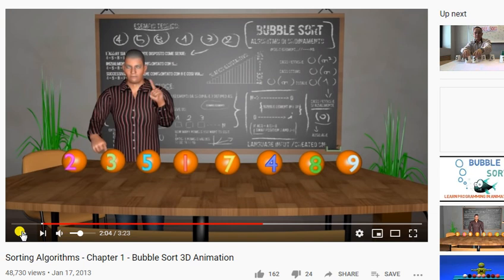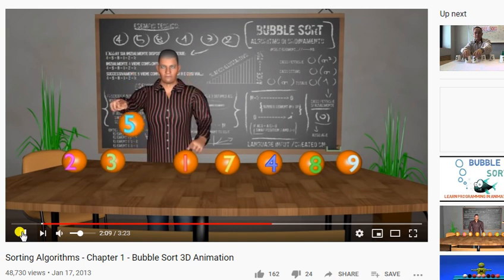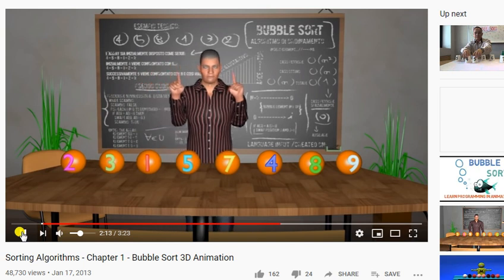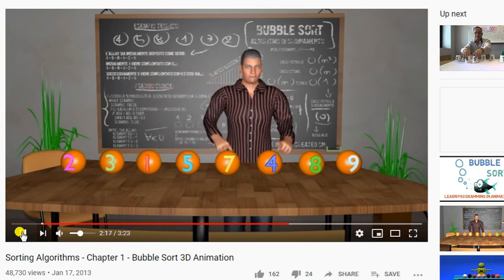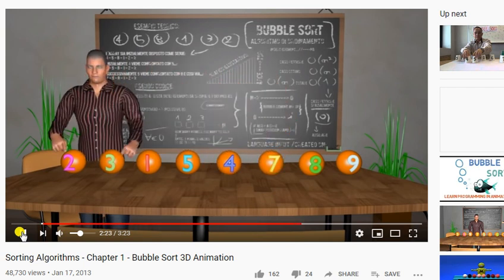But in case of 5 and 1, 1 is smaller than 5, so the swapping will be done there. Third iteration done. Now fourth iteration.